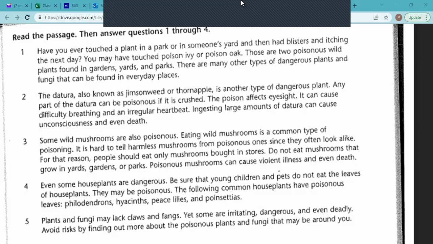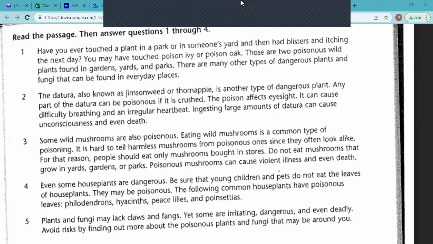Even some houseplants are dangerous. Be sure that young children and pets do not eat the leaves of houseplants. They may be poisonous. The following common houseplants have poisonous leaves. Okay, so the philodendrons, the hyacinths, peace lilies, and poinsettias.